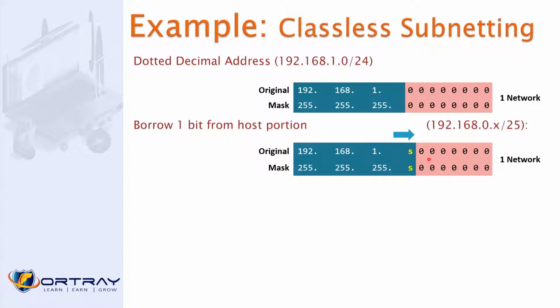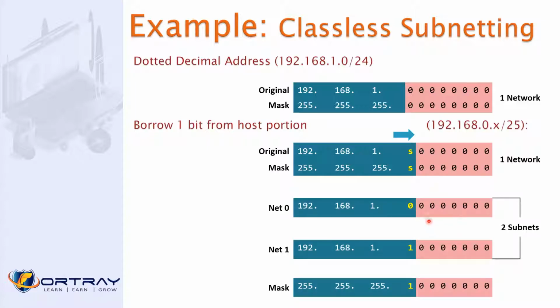So 2 raised to power 7, 128. Am I right? Yeah, 2 raised to power 7. It means when we borrow, I will be creating 2 networks. Previously I had 256 total IPs, 2 we cannot use, but now we have 128 on one side and 128 on the other side.